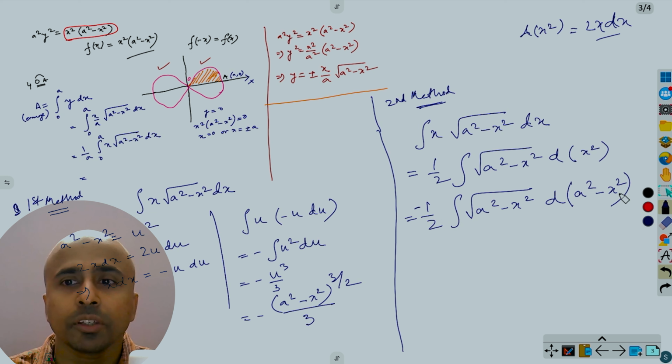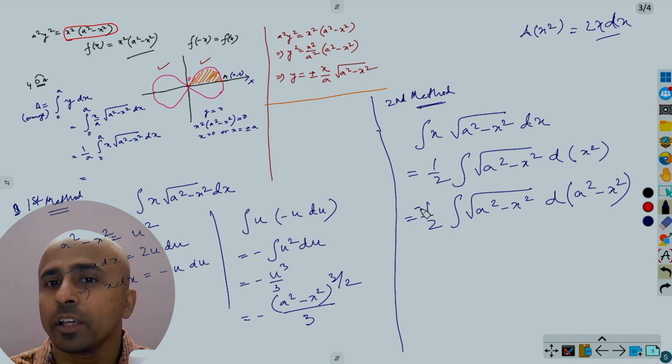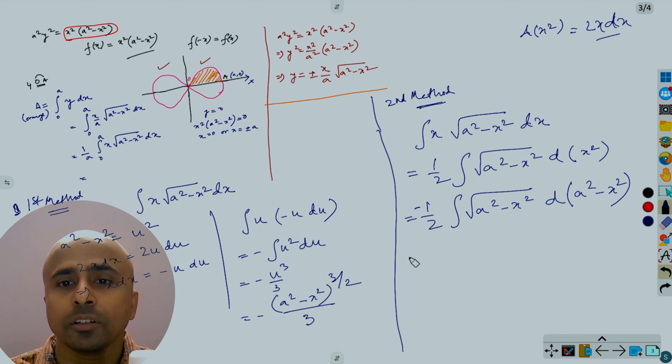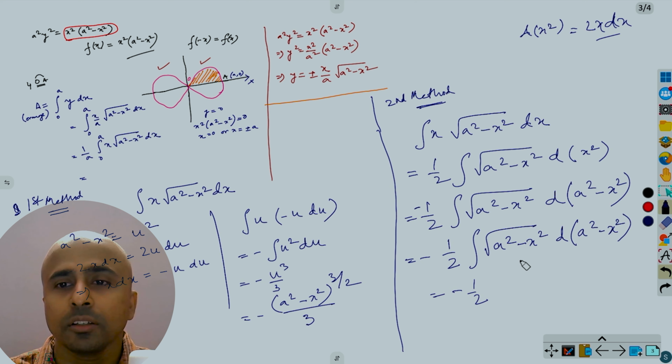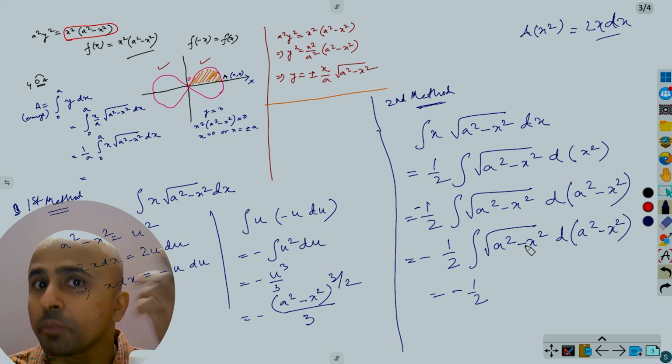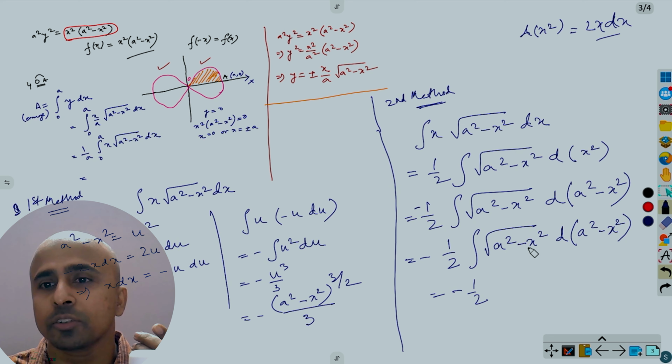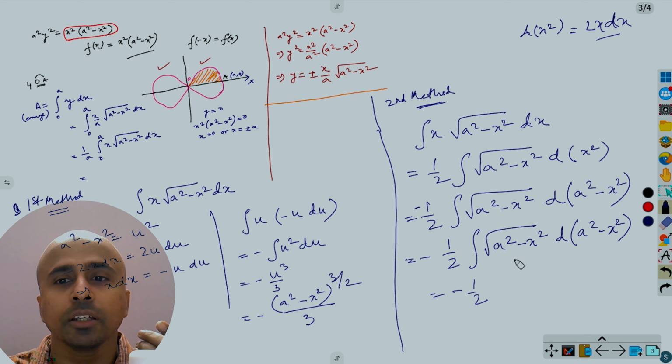Yes. Because d of a square minus x square, what we will get? Minus of d x square, and minus of d x square means we already have a minus here. So this is minus of half, and we obtain root of a square minus x square d of a square minus x square. What is this? If we think in our mind that a square minus x square is t, so this is basically root t dt, right?